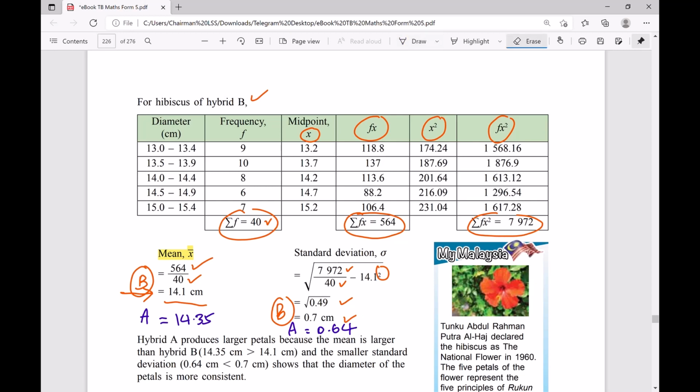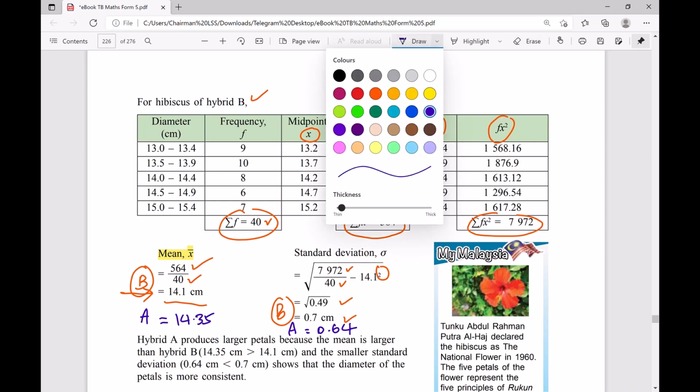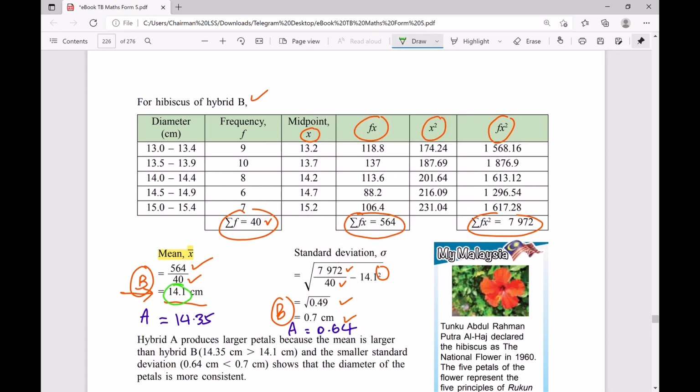What can you say when you compare this one and this one? You can say that the size of the petals for hybrid A is larger. It produces larger petals because the mean is larger. You see, compared to 14.1, it's 14.35. It's larger than hybrid B.